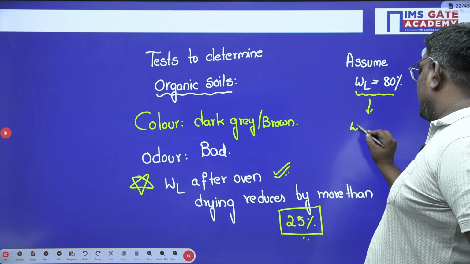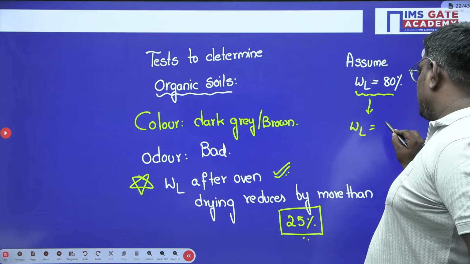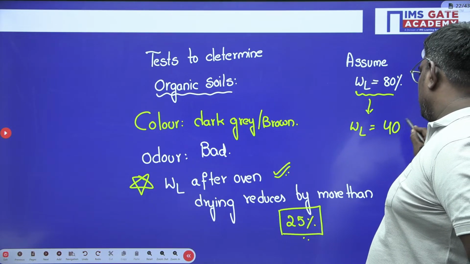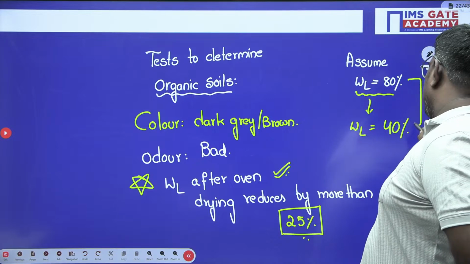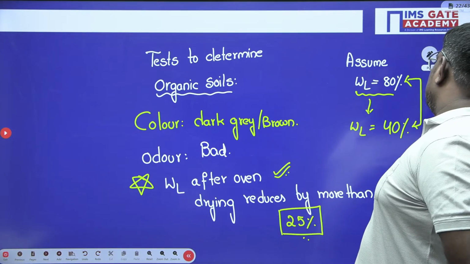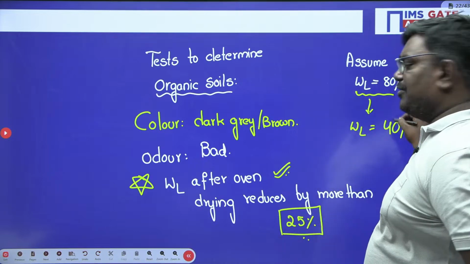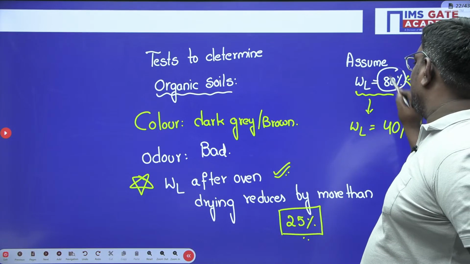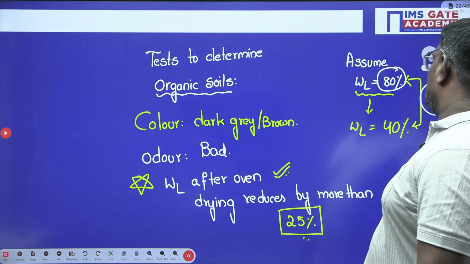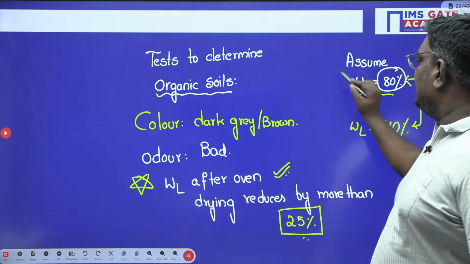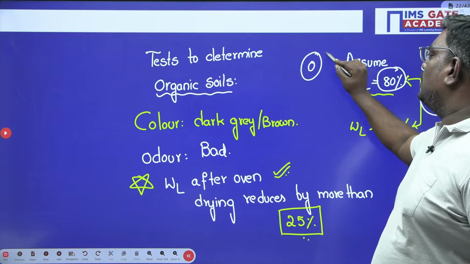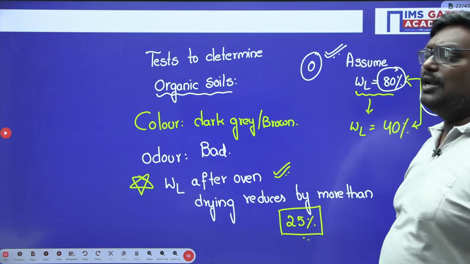After oven drying, if the liquid limit reduces to 40 percent, how much is the reduction from 80 to 40? The reduction is 50 percent. Sir, how do you check the reduction? Difference between those upon initial into 100. So it reduces by more than 25%. That means it is an organic soil.